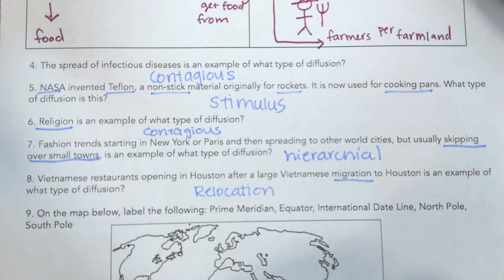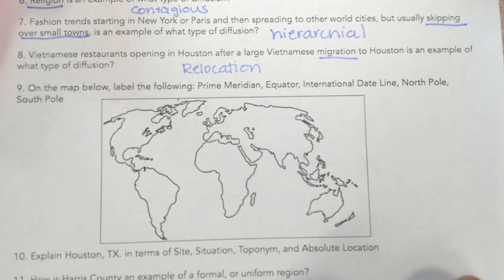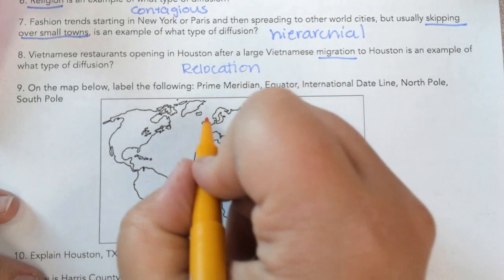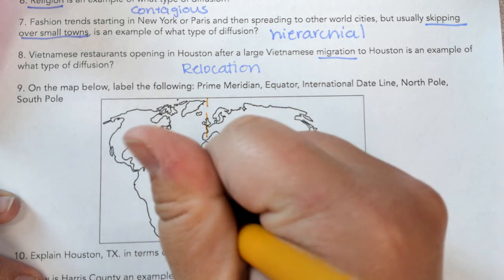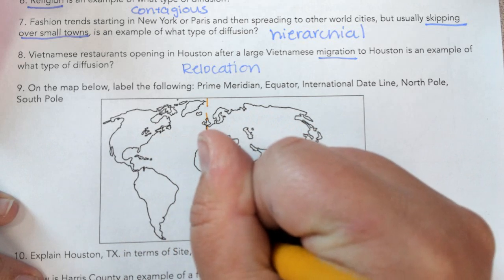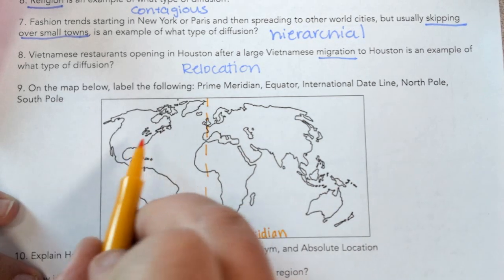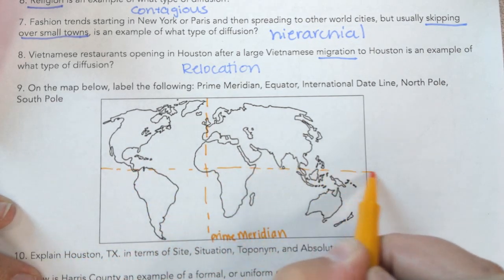Okay. So it says on the map below, label the prime meridian, the equator, the international date line, and the North Pole. So basically, I'm going to show you a few things. This might not be perfect, but we're just going to have to make do. So this right here is the prime meridian. We have the equator hitting us about here.